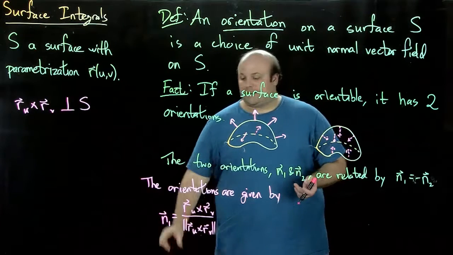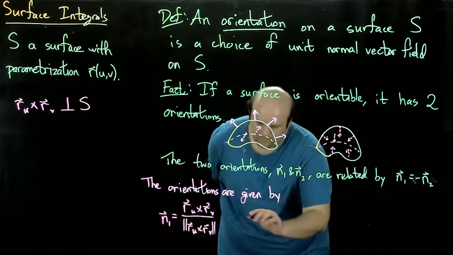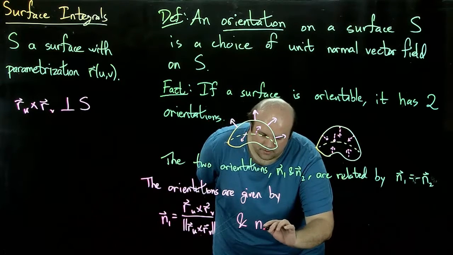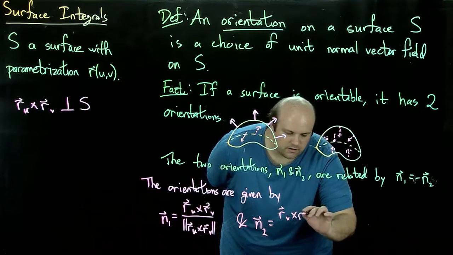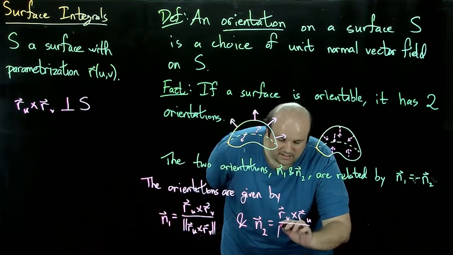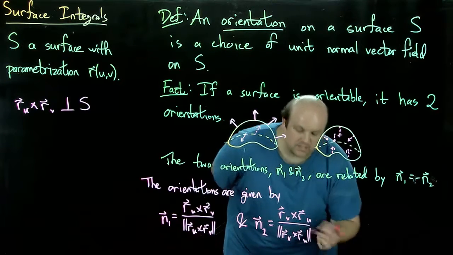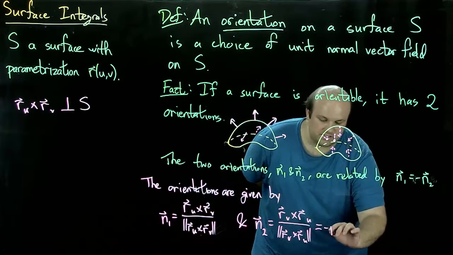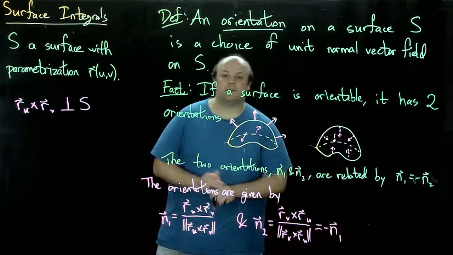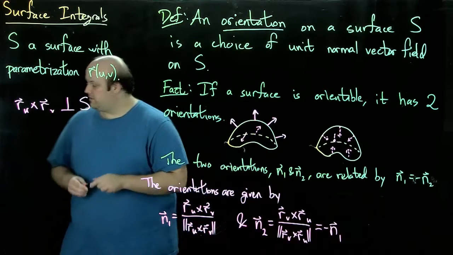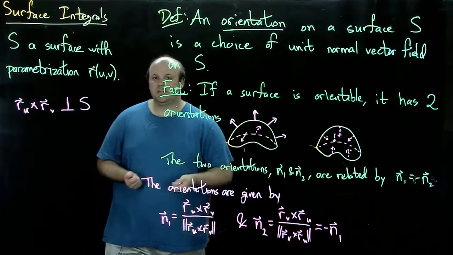We can get the negative of a cross product by just reversing the order, so the other one is r_v cross r_u over the magnitude of that. And I just want to point out again, this is really just the negative of this one. That's what orientations look like.